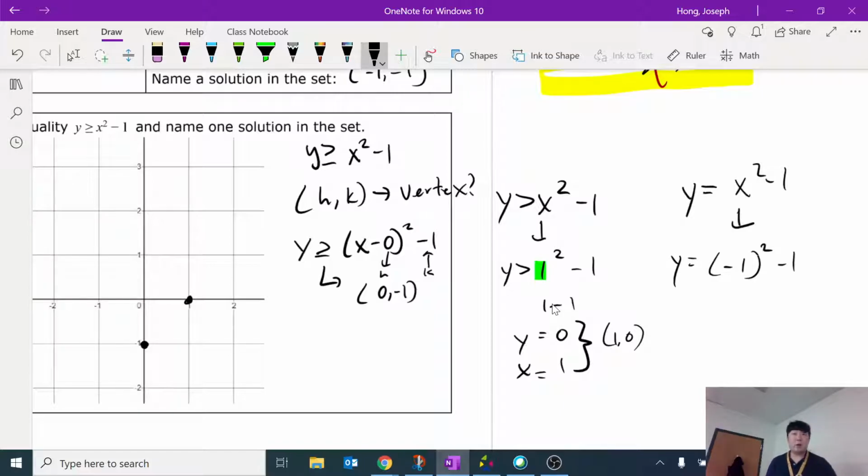So I have y is equal to -1 squared minus 1. This can be split up as -1 times -1 minus 1. And because of PEMDAS, I have to do this first. Even if I didn't put the parentheses here, I just did that for educational purposes.